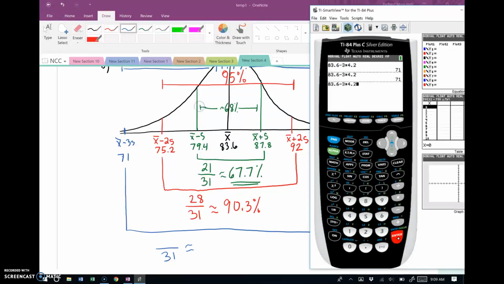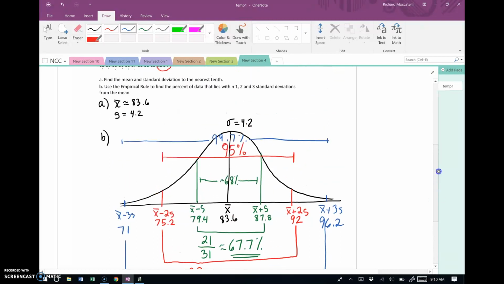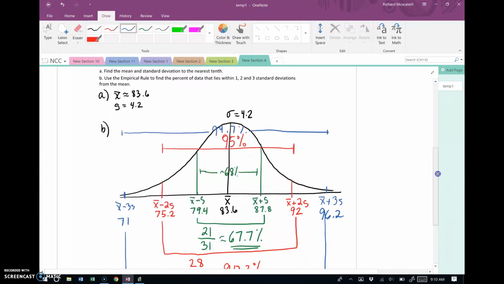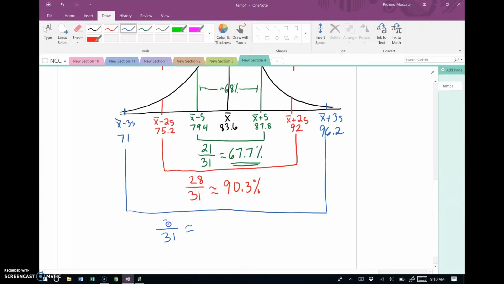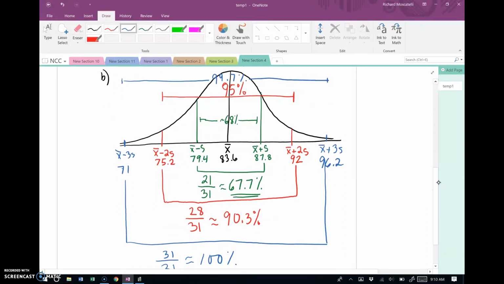And then 83.6 plus 3 times the standard deviation is 96.2. All right, well, giving that a quick look, every single piece of data falls within those 2 numbers. So that's 31 out of 31, which is 100% of the data. The empirical rule, remember, says that it's supposed to be about 99.7%.